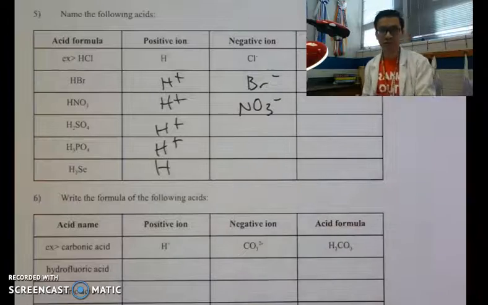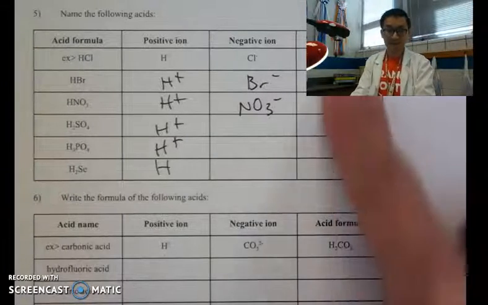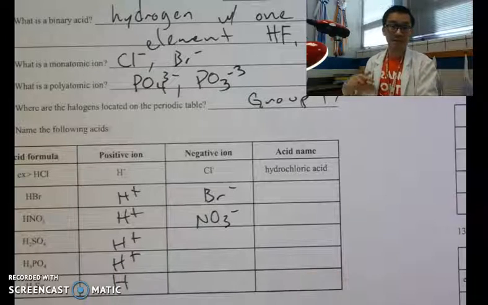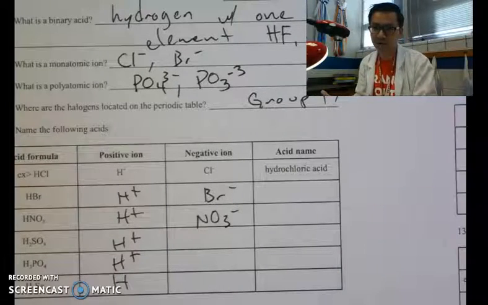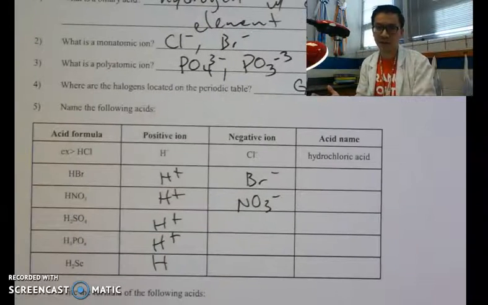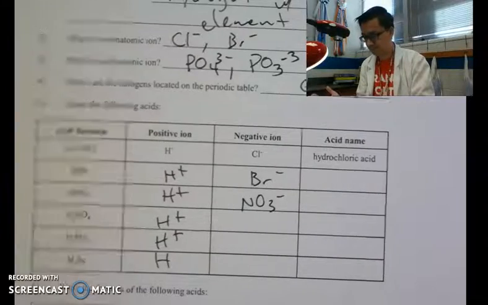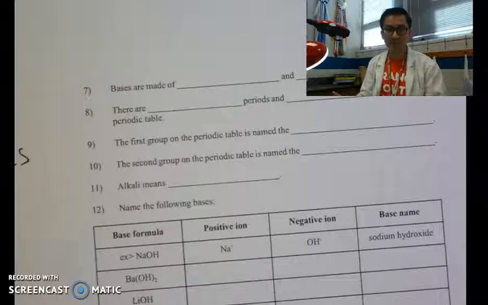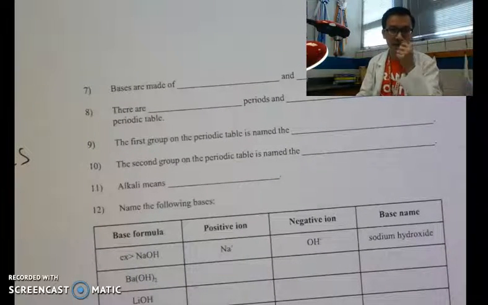Get the right charges on there, and then name them following the same pattern. There's only a limited number of these acids, so it's so repetitive. Some of them you'll have memorized without even trying. That's a nice thing about it. After you finish that, jump over, guys. If you're not finishing it, make sure you pause it, finish it, and then continue my videos.